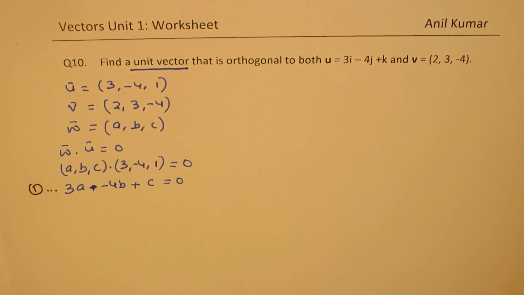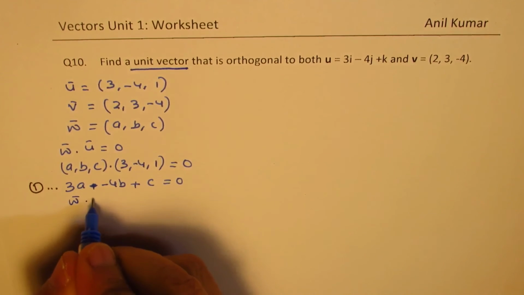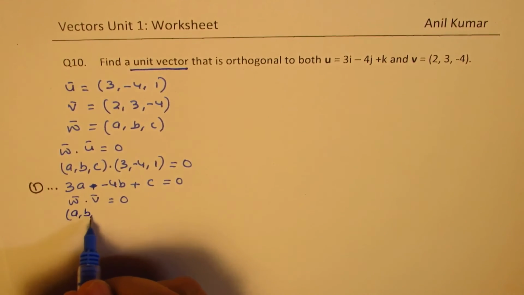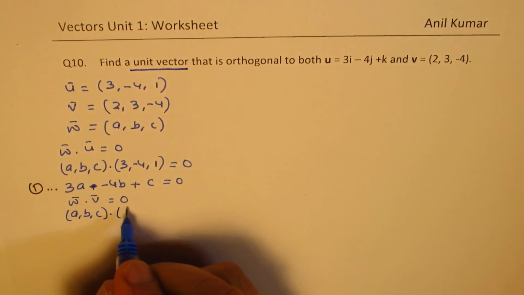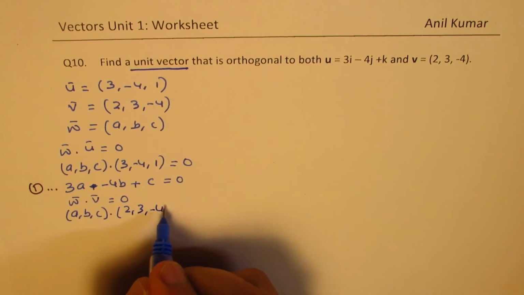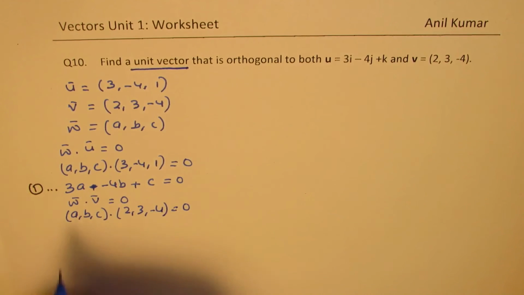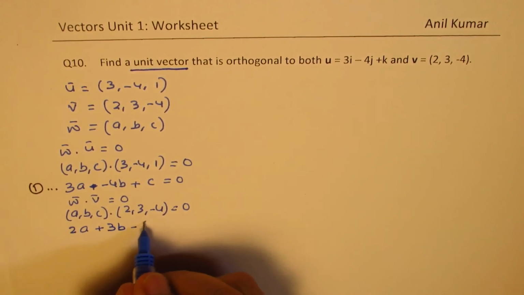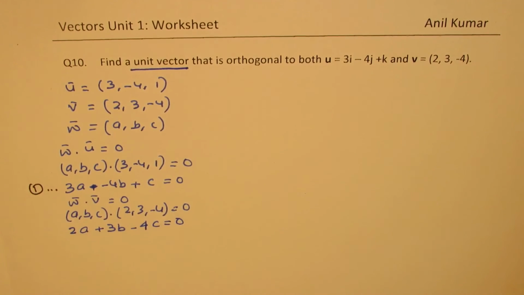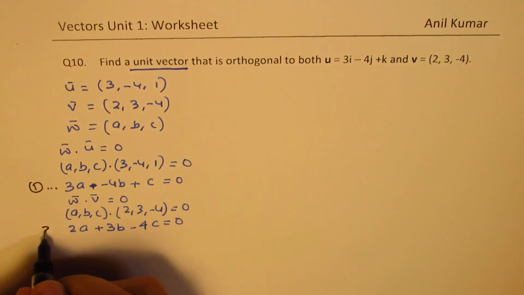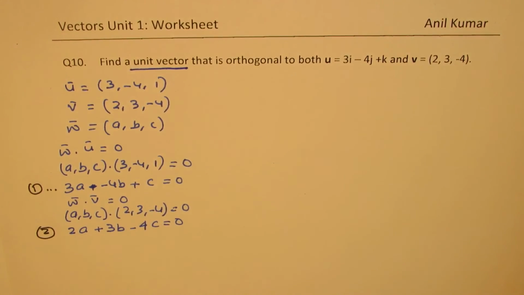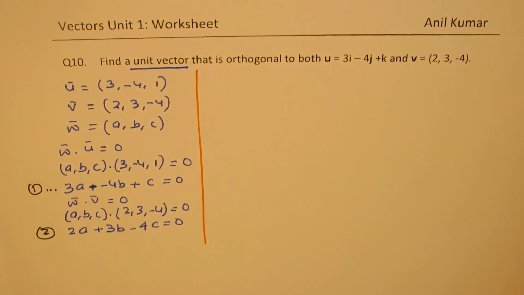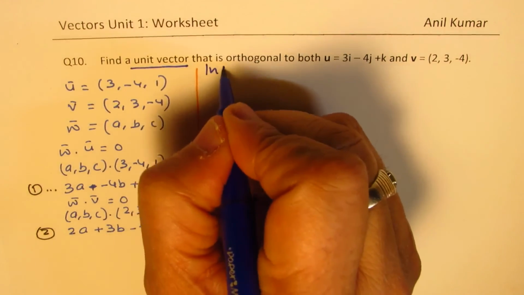Second equation we are going to get by writing the dot product of v with w, and that gives you (a, b, c) dot (2, 3, -4) equals 0, and the equation will now be 2a plus 3b minus 4c equals 0. So we have now two equations. However, there are three variables to calculate. So we expect infinite solutions.